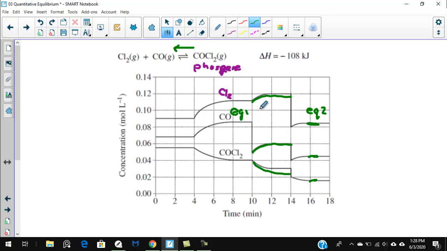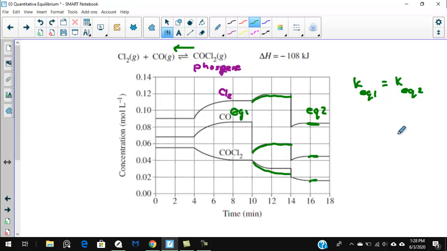What happens, as long as nothing has changed in terms of the temperature of the system, is that the K value, this constant for the first equilibrium, is equal to the K for the second equilibrium. And that will remain true as long as we don't change the temperature at which the reaction is happening.